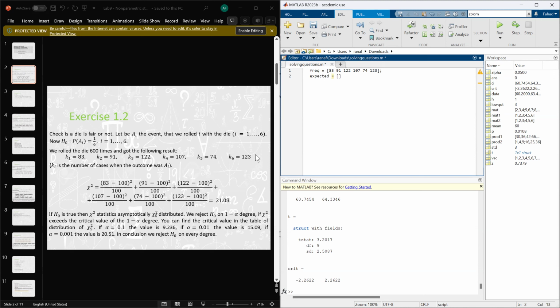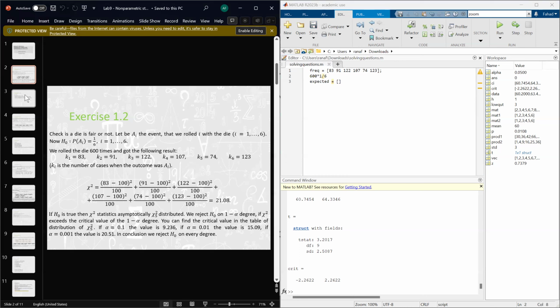So the way you do expected is 600 times, right? And each side has a probability of 1 over 6. So you multiply 600 with 1 over 6. If you do that, 600 into 1 over 6 will give, I think 100. Yeah, 100.